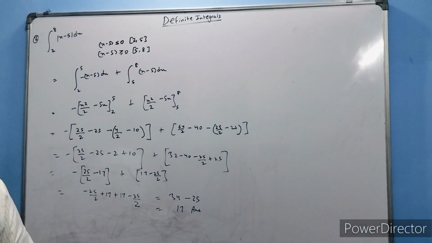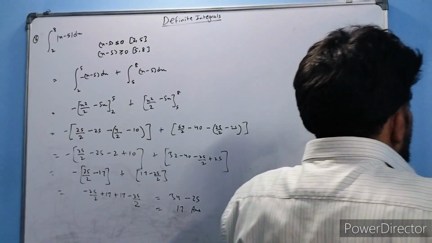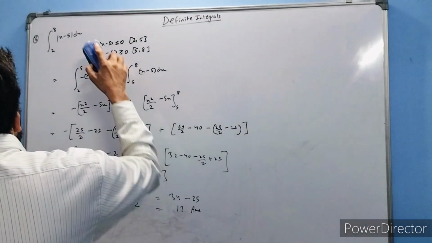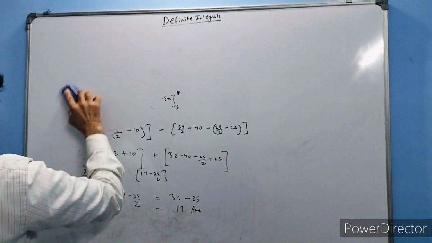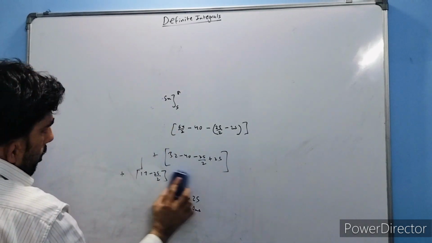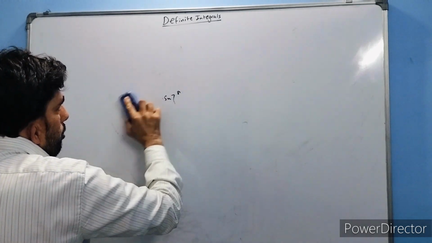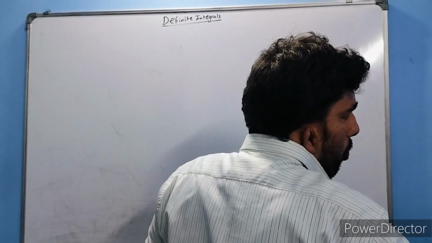Now let us try to solve the next one. Now let us try to solve one more to evaluate definite integral using the property. Now we have, let us see what we can do here. Let's see what the question is here.